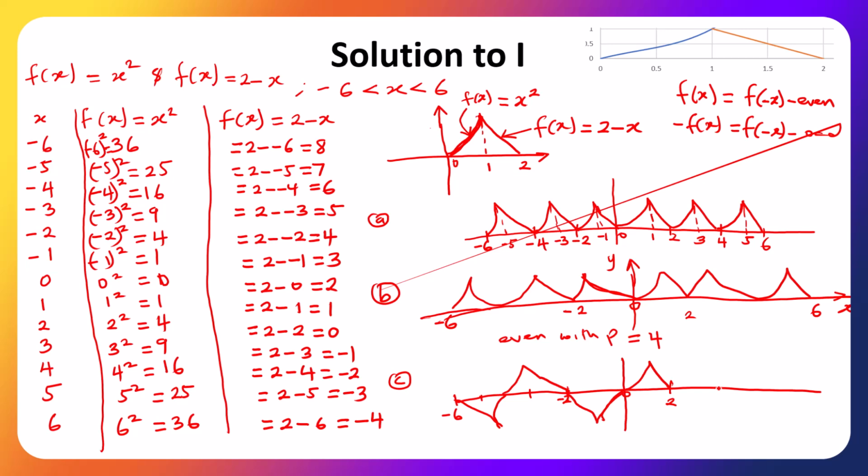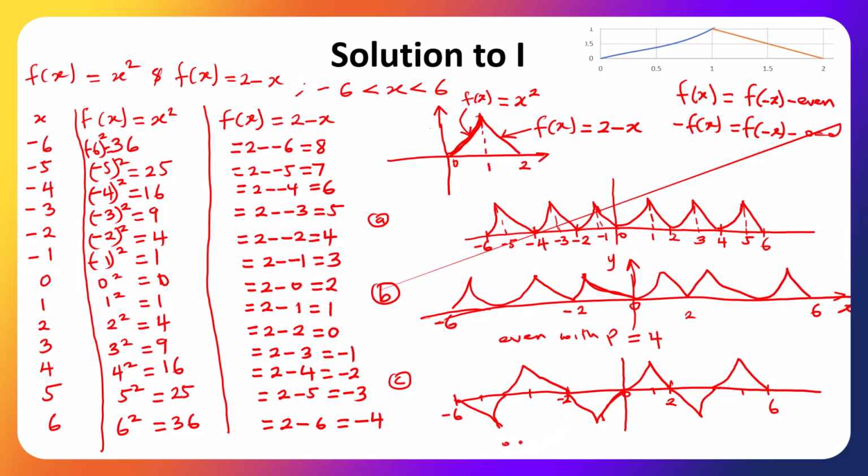So this one can go like this first. So to complete this, we have something that looks like this. And this is 6. So we have been able to complete this plot.